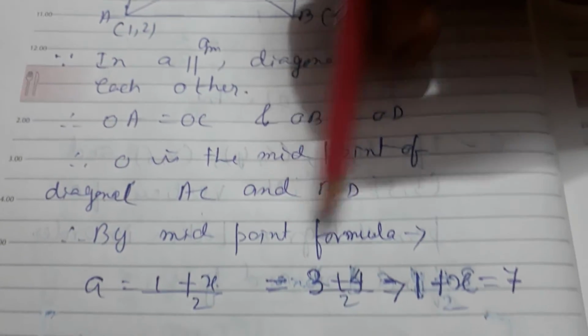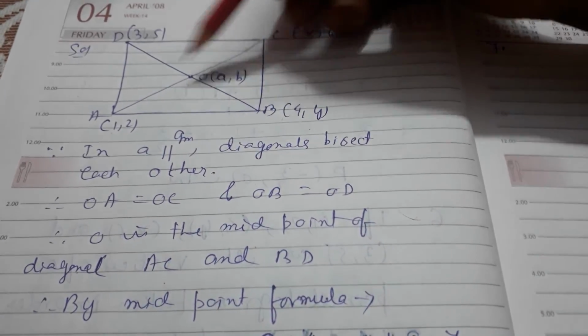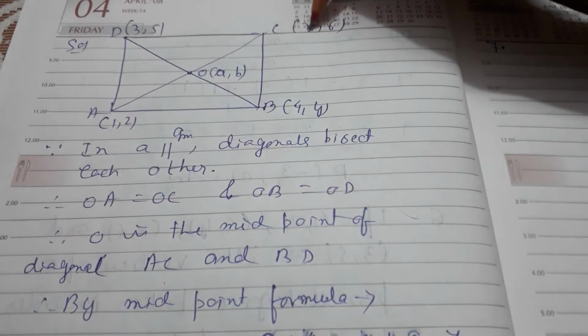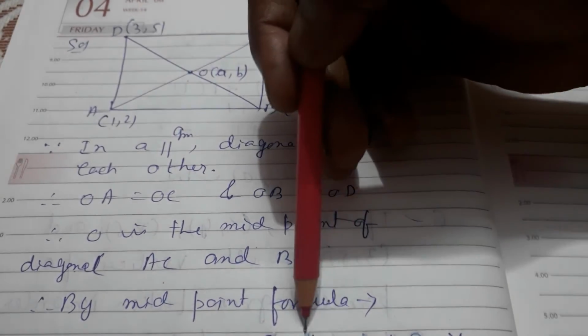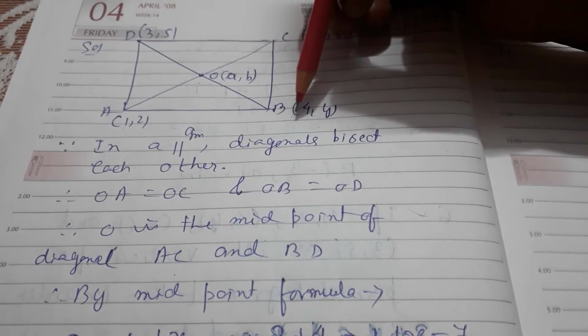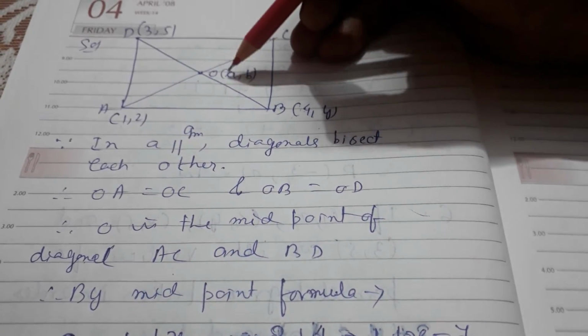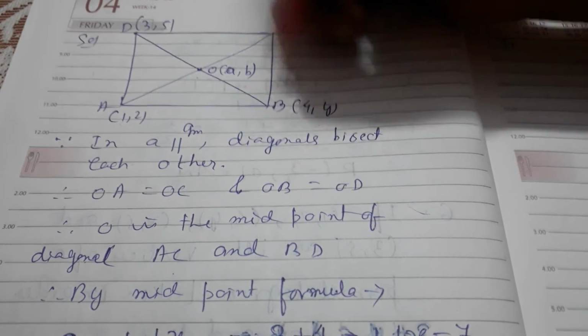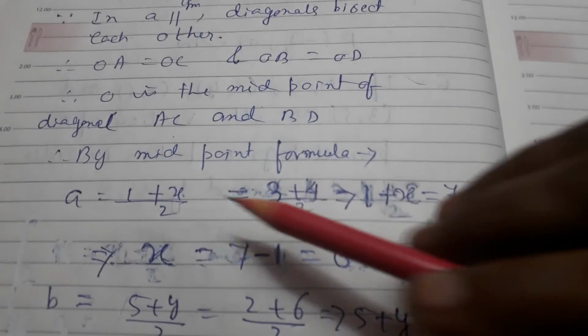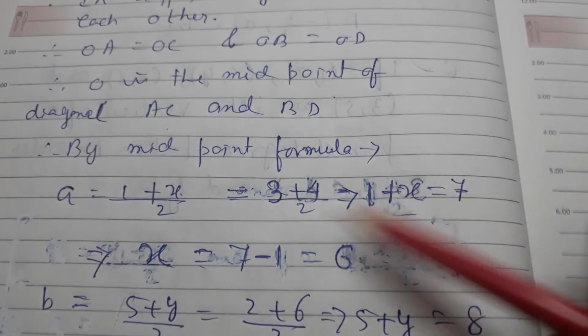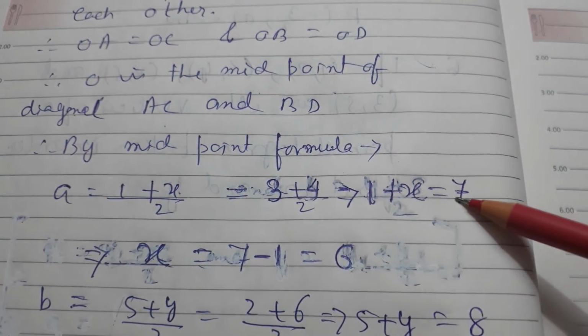So by midpoint formula, look here, A: (1 plus x) by 2 equal to (4 plus 3) by 2. Okay. Both of the points, O is the midpoint of AC and BD. Now 2 cancel. So 1 plus x equal to 3 plus 4, 7.